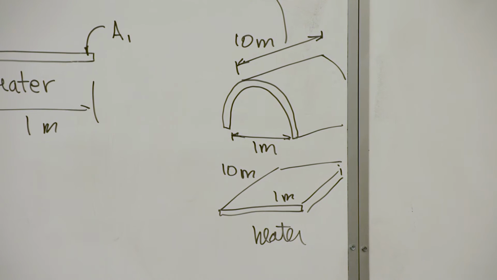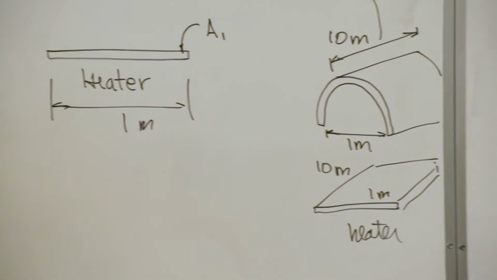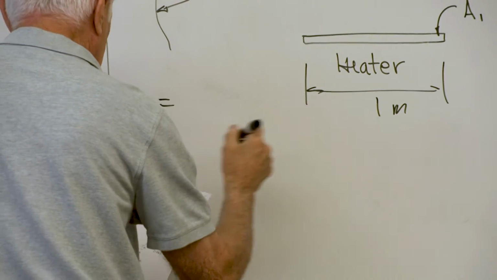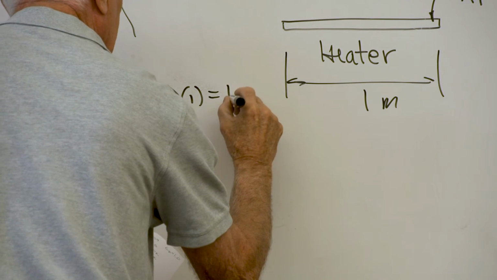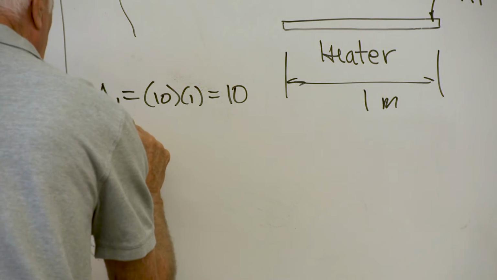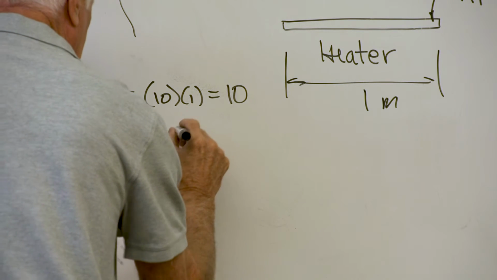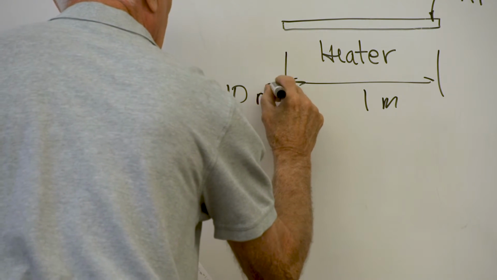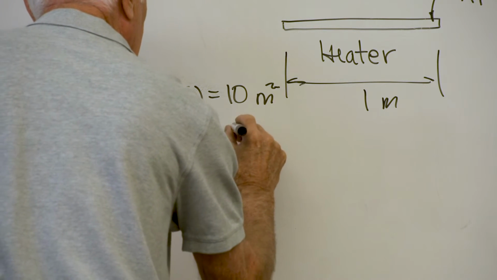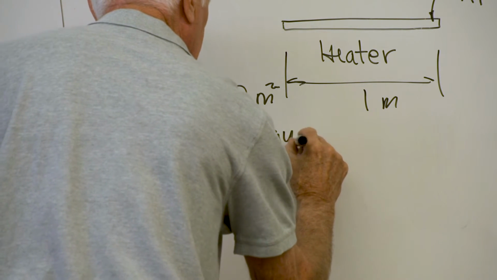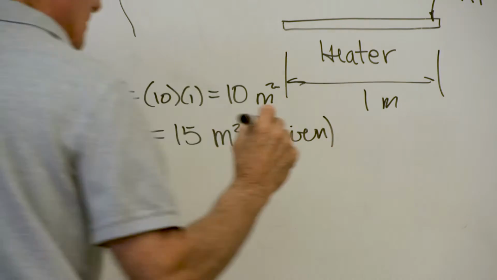Okay, so let's go ahead and put down what we know. A1 is known. It's a rectangle, 10 by 1. A2, he tells me that in the problem statement.